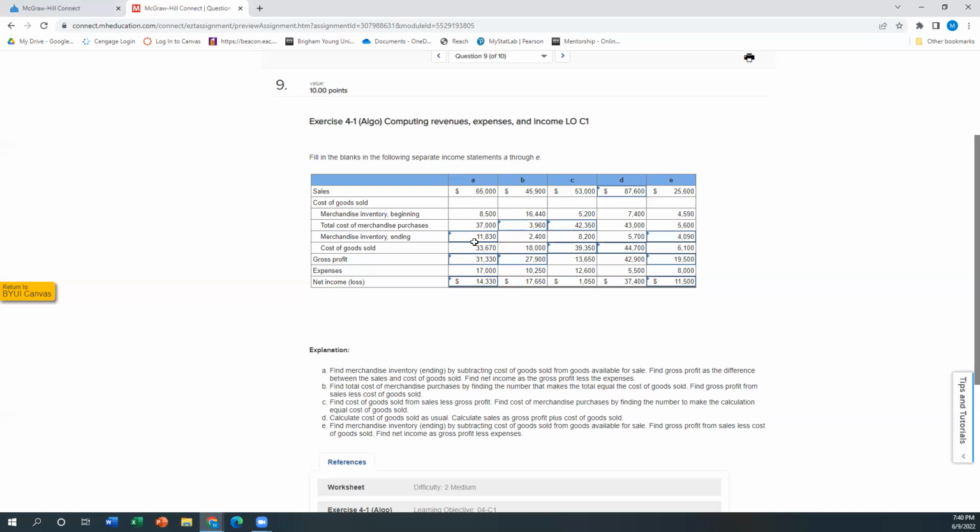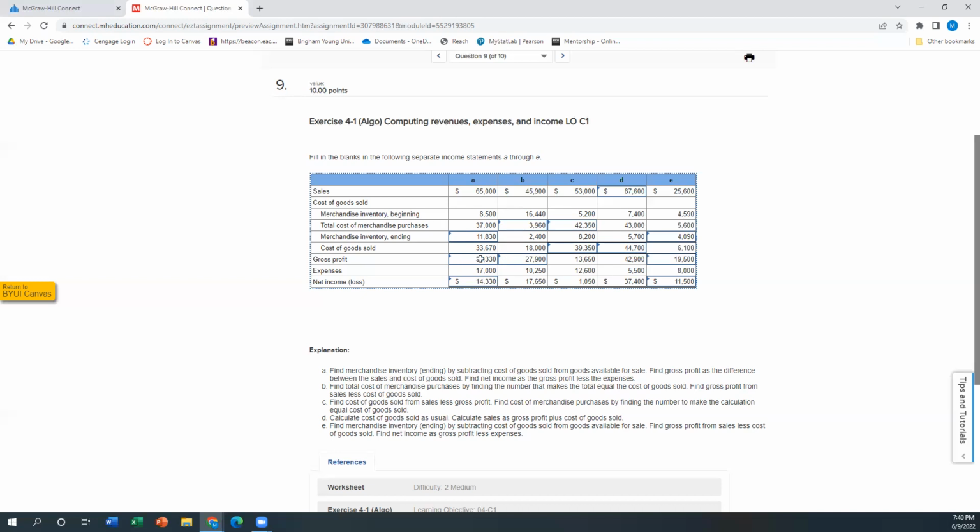So now that I know all those, I can look at these problems and fill in the blanks. And so, for example, you can see here we were missing merchandise inventory, gross profit, and net income. If I know my cost of goods sold already and I know my sales, then I can easily say sales minus cost of goods sold is gross profit.